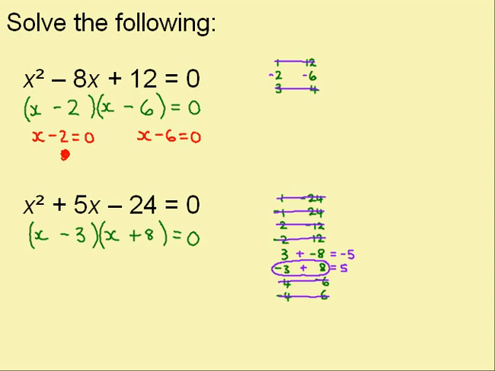From this one, I get that x is 2, and from this one, I get that x is 6. In the same way here, either x minus 3 is 0 or x plus 8 is 0. I can solve this and I get that x equals 3, and solving this gives me that x equals minus 8. So these are my two solutions to this quadratic equation.